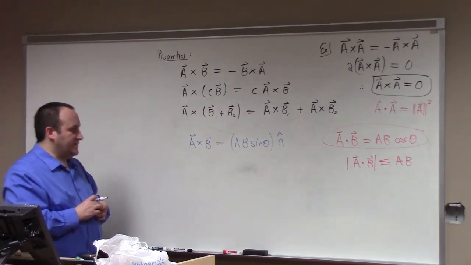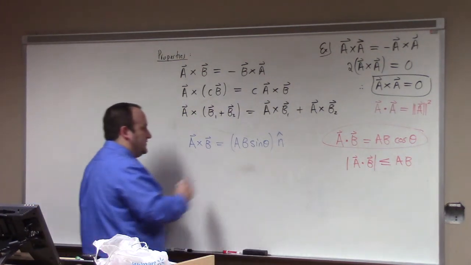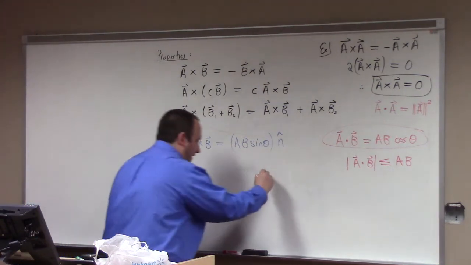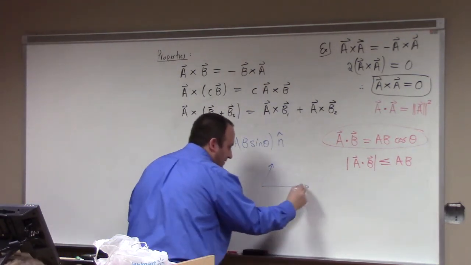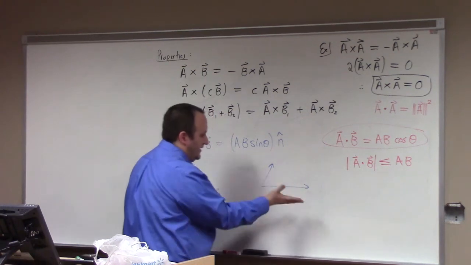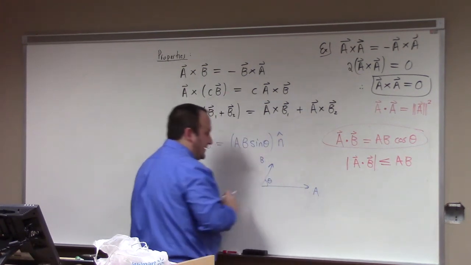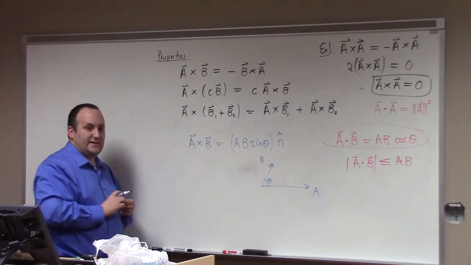But this is super useful because it also tells you geometrically what the magnitude of the cross product means. If this is A, and this is B, and this is the angle between them, theta, what's |A||B| sine theta equal to anyway?